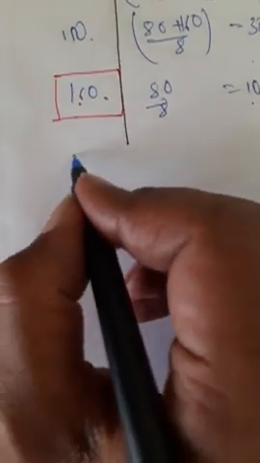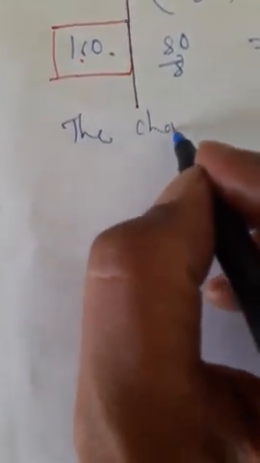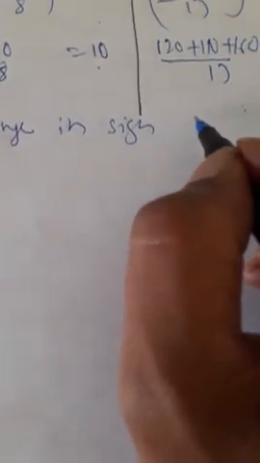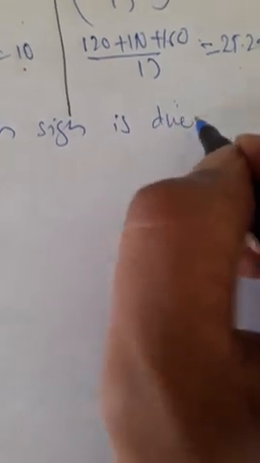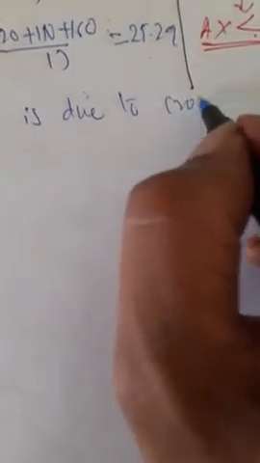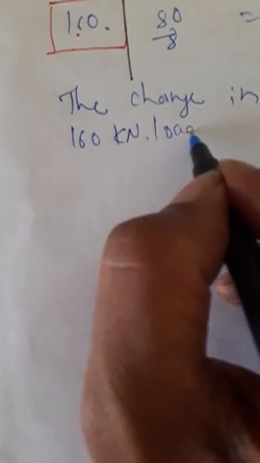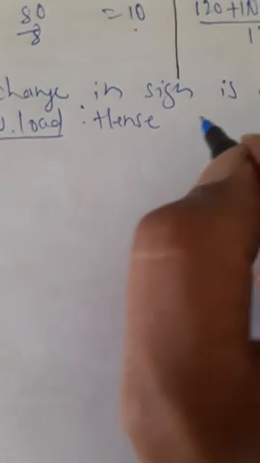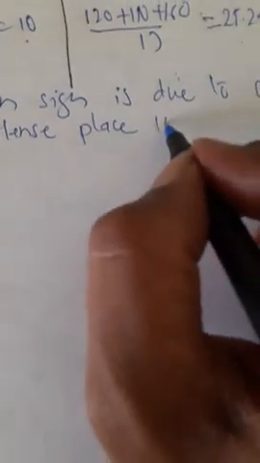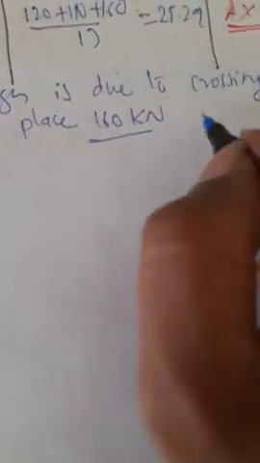The change in sign is due to crossing of the 160 kilonewton load. Hence, place 160 kilonewtons on the required section.